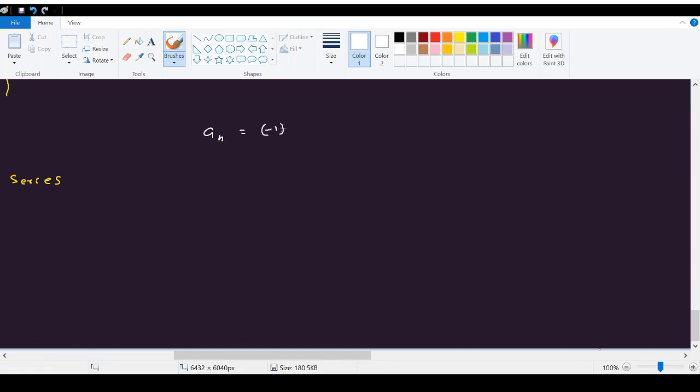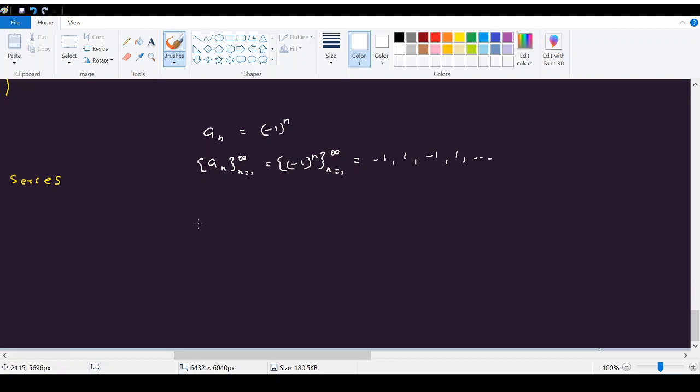Now if the a_n are represented like this, then the sequence of such a_n will be equal to this one, and that is equal to, starting from 1, that is -1, +1, -1, +1, and likewise, right?